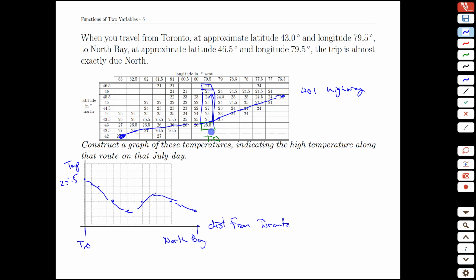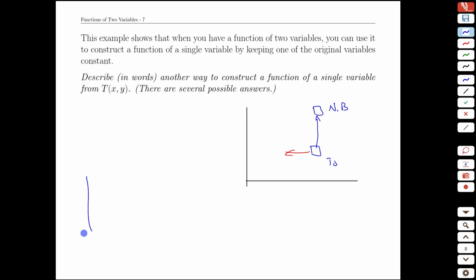We could do the same thing we talked about in terms of our transit from Toronto to North Bay, but we could do the tracking of our temperature as we travel along the 401 corridor. And so if we talk about the distance from Windsor along the 401, then we would see the same kind of pattern.